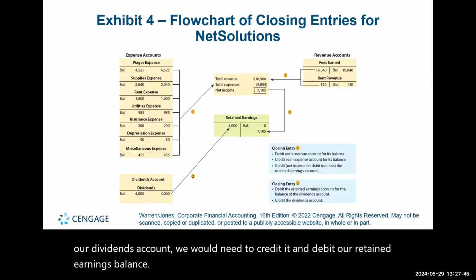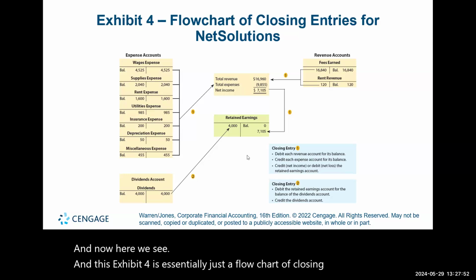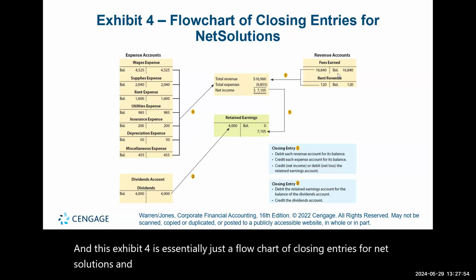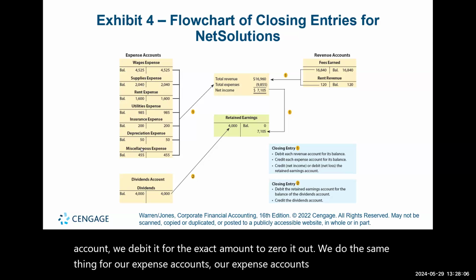And now here we see, this exhibit 4 is essentially a flow chart of closing entries for Net Solutions. Here we started off with $16,840 in our revenue account. We debit it for the exact amount to zero it out. We do the same thing for our expense accounts. Our expense accounts had debit balances.